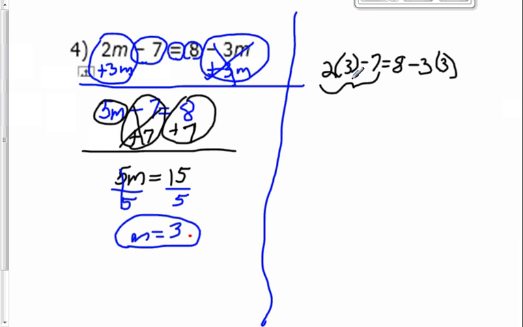Two times 3 is 6, minus 7 is negative 1, is equal to 8. 3 times 3 is 9, so 8 minus 9 is also negative 1. So that means my answer of 3 was correct.